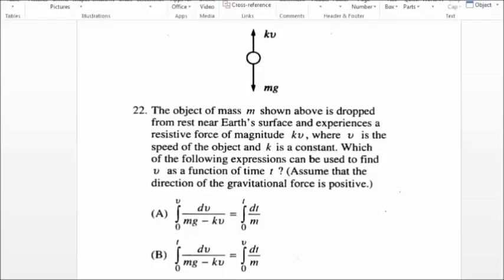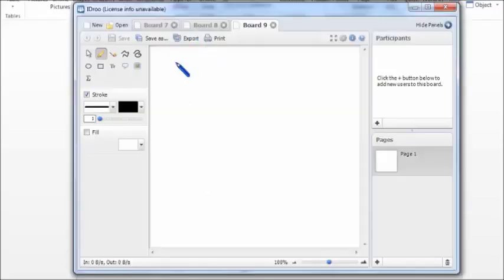So here, the forces acting on the object are the force of gravity and the resistive force, which is given to be k of v, where v is the velocity.